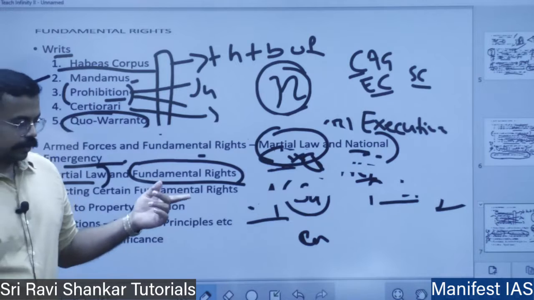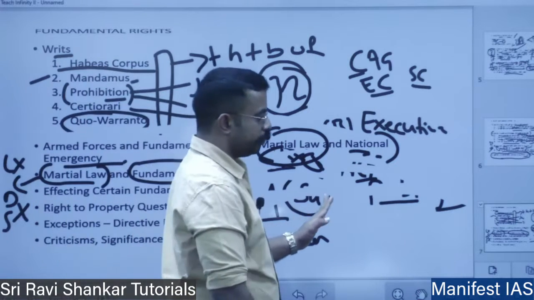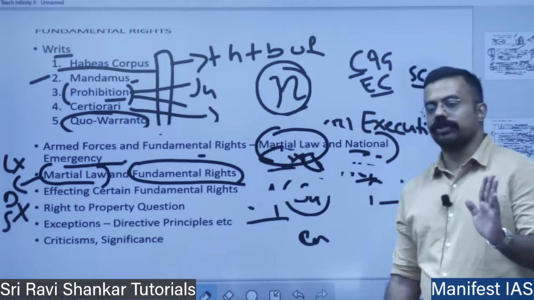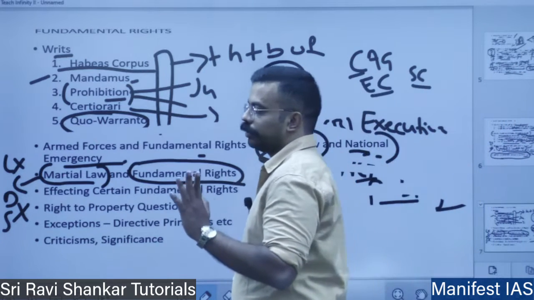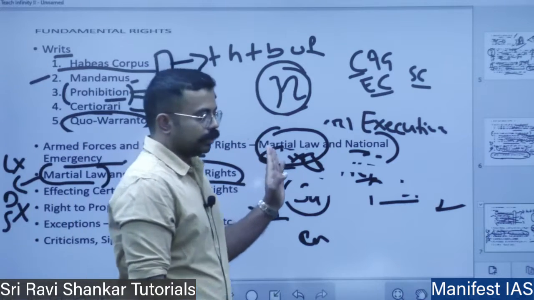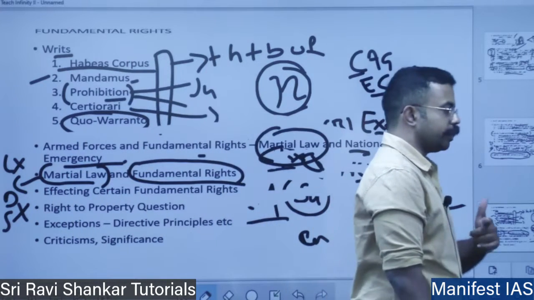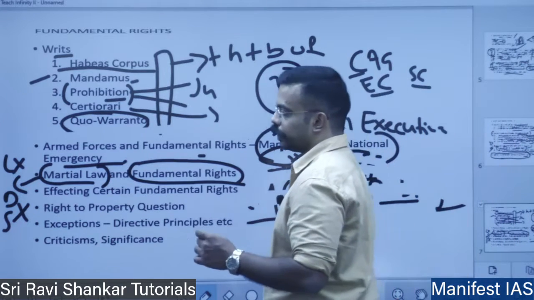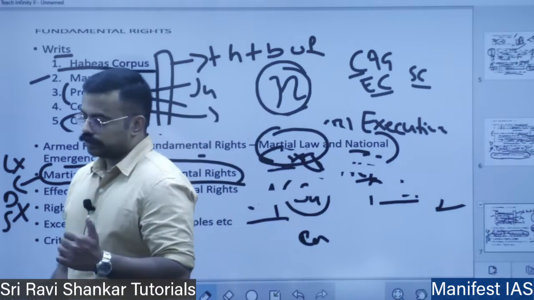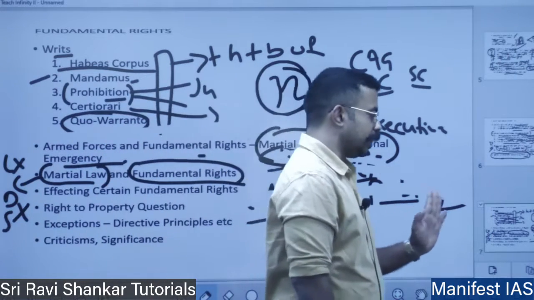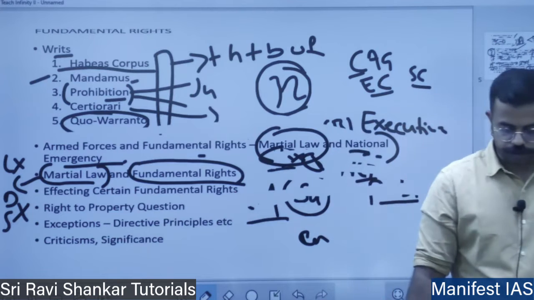Otherwise, in normal times, if they violate your fundamental rights, they are liable for prosecution. However, during martial law, no prosecution. So they are protected. For example, your AFSPA, Armed Forces Special Powers Act. So under that, any act, even killing a person, no prosecution.